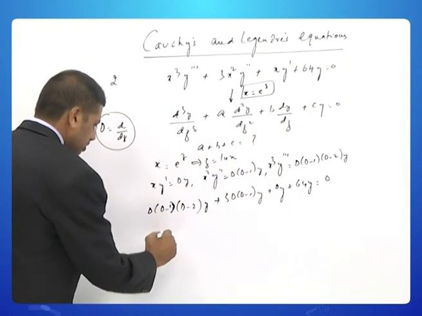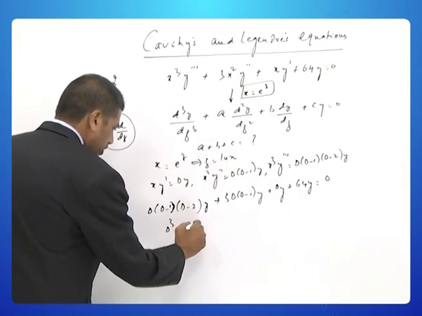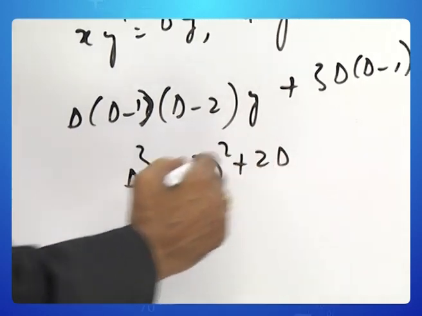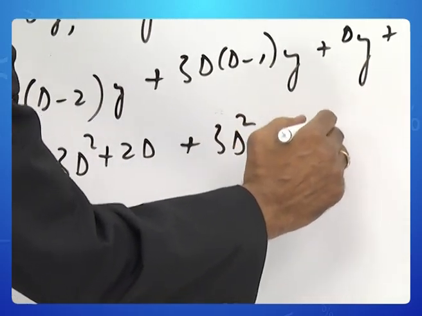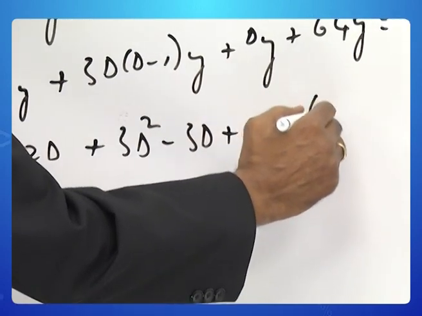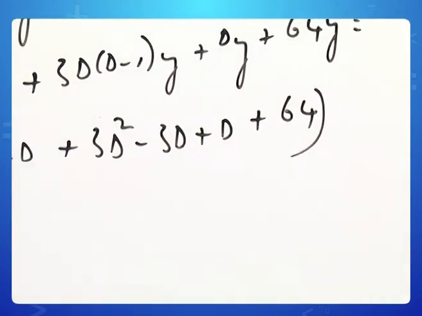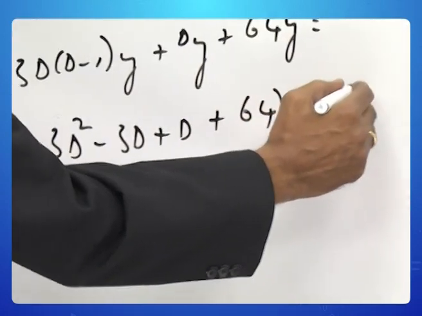Let us simplify this. D cube minus 3D square plus 2D plus 3D square minus 3D plus D plus 64 into y is equal to 0.